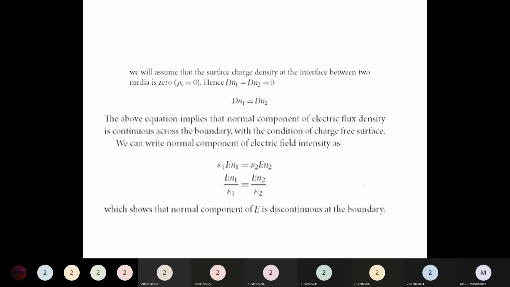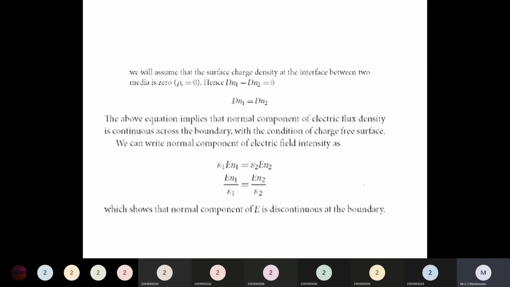It implies that the normal component of electric flux density is continuous across the boundary, with the condition of a charge-free surface. The surface should be charge free.